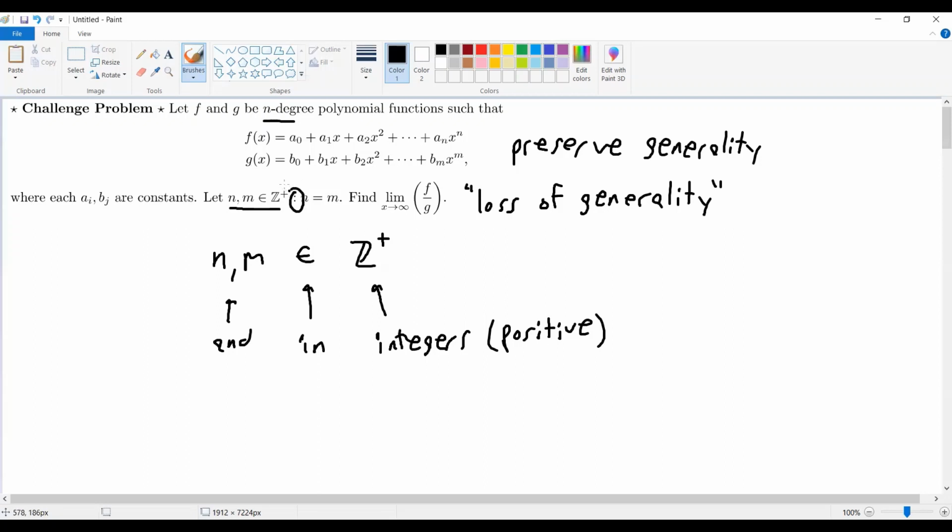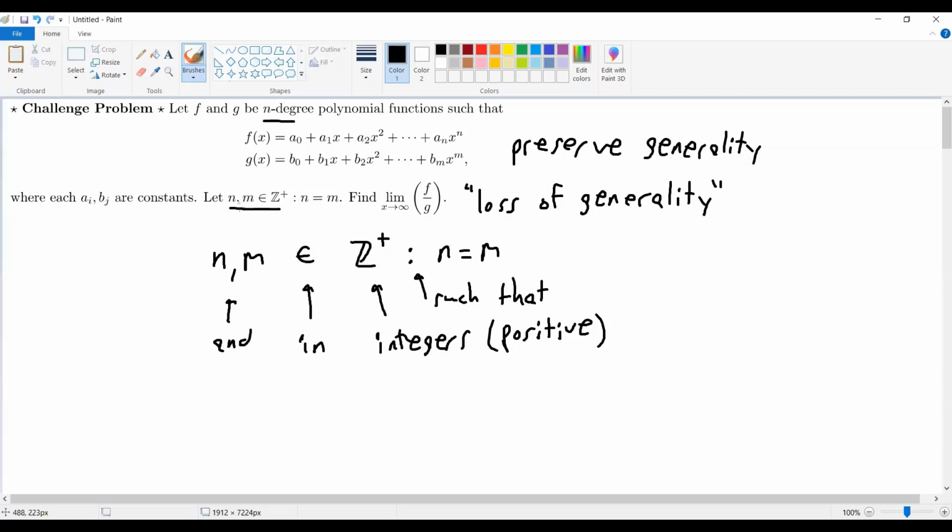Now this colon right here, I like to think about it as the words such that. When I write it, I would say such that when I make these two dots. And then that's a condition. So such that, and then here's the condition, n is equal to m. So this is how you want to read math.